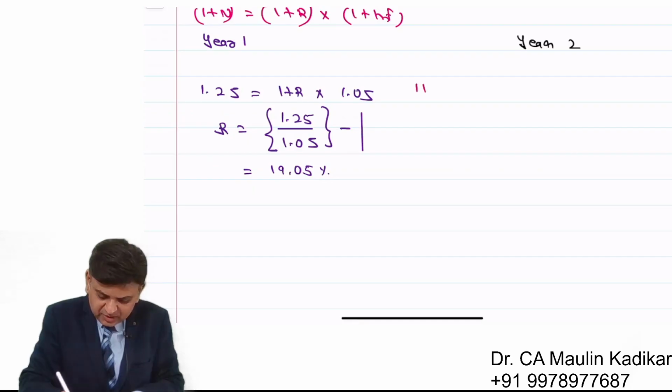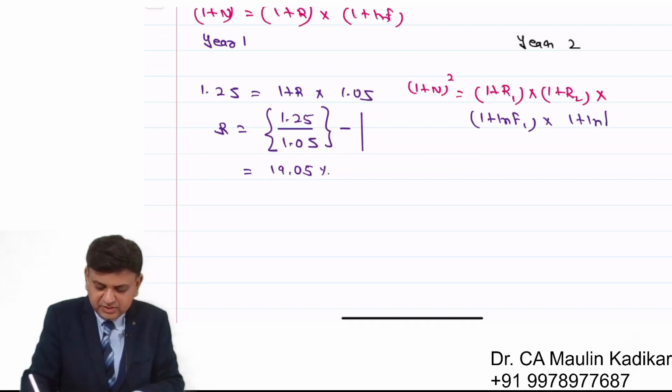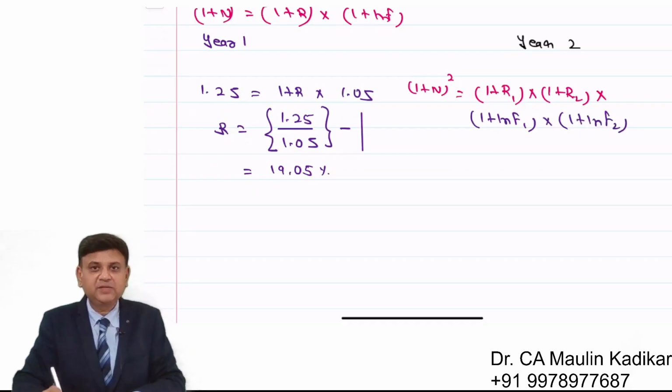It is 1 plus nominal cost of capital raised to 2 is equal to 1 plus real cost of capital for the first year into 1 plus real cost of capital for second year into 1 plus inflation rate for the first year into 1 plus inflation rate for the second year. This is the way it will be calculated.